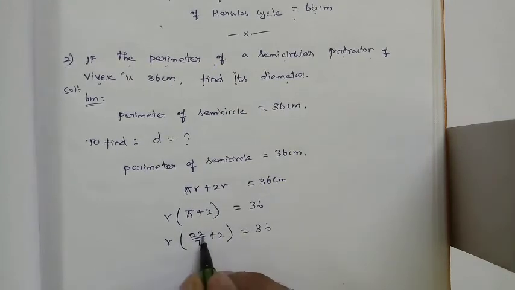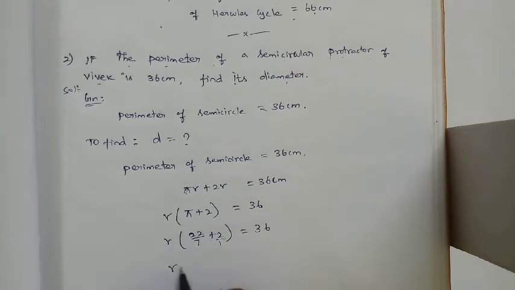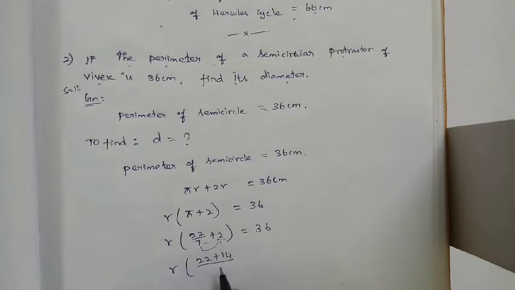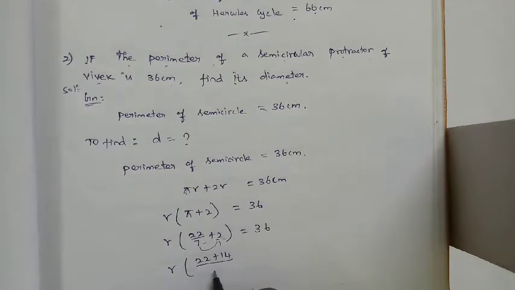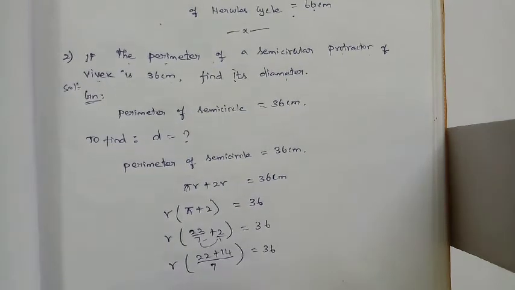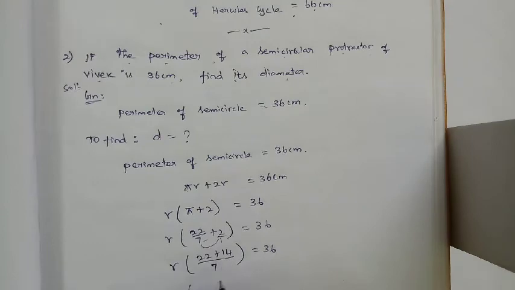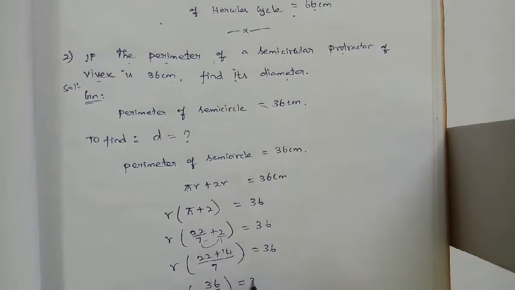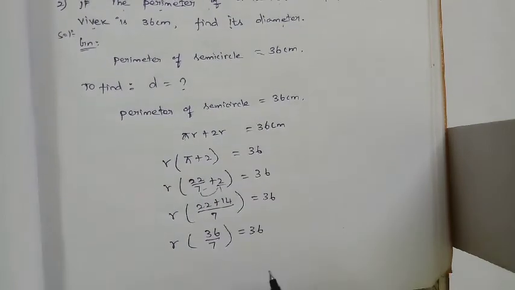Simplify the fraction by cross multiplying: r into 22 plus 7 twos are 14, divided by 7 into 1, 7, is equal to 36. So r into 22 plus 14, 36, divided by 7, is equal to 36.